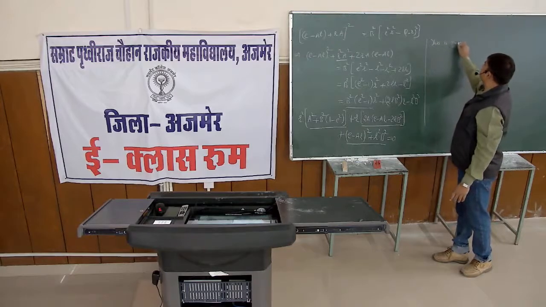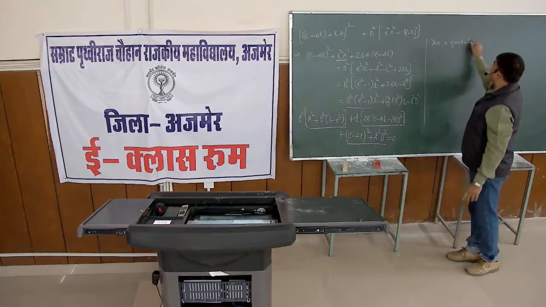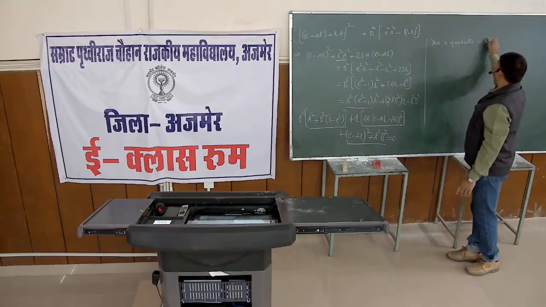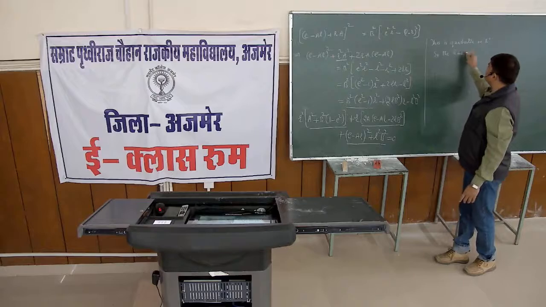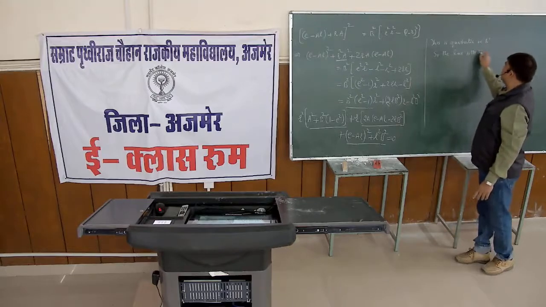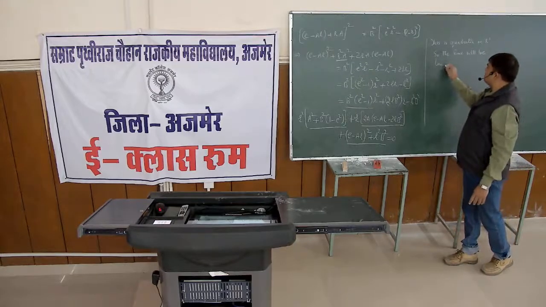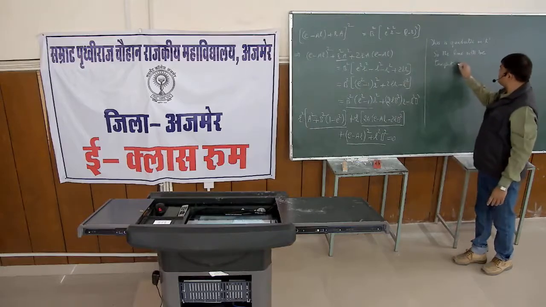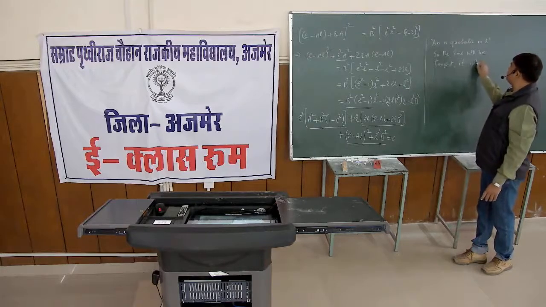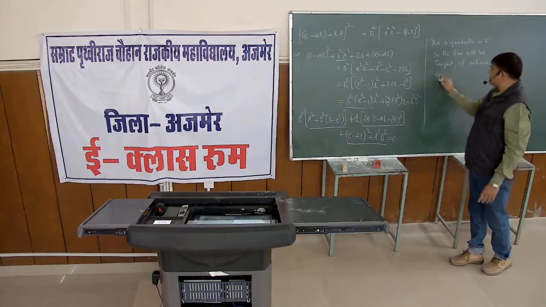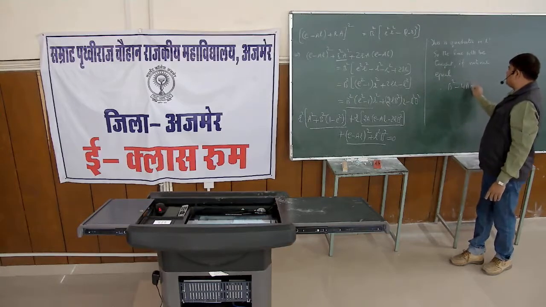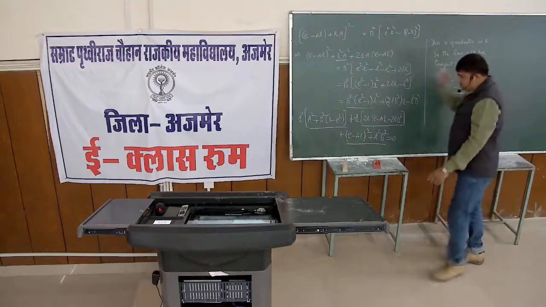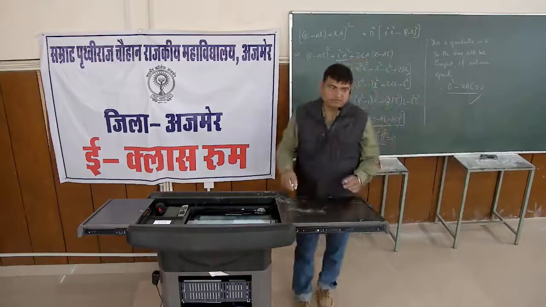This is quadratic in r. So the line will be tangent if the roots are equal, therefore b square minus 4ac equals to 0. Then you can simplify it.